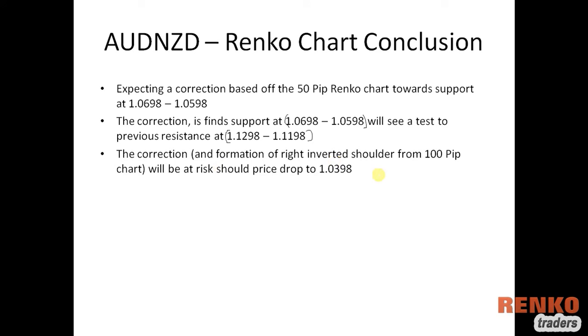Now, if you remember, I had previously mentioned on the 50 pip chart analysis that we do have a minor support at this level. So in the event price intends to fall much below the major support noted at 1.0698 to 1.0598, then we could see a quick drop to 1.0398, which could give you an early warning that things are not going to plan, and it should help provide some kind of an exit strategy.